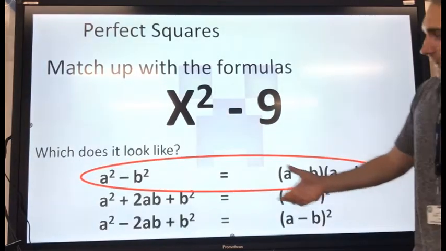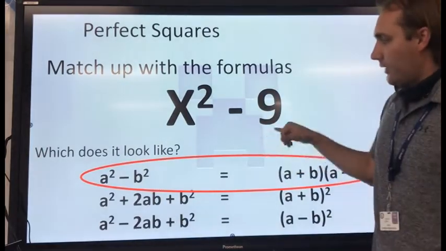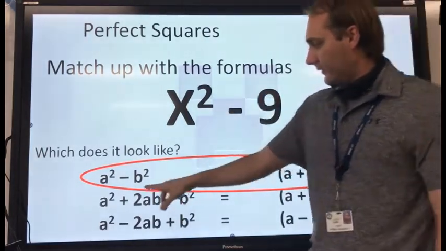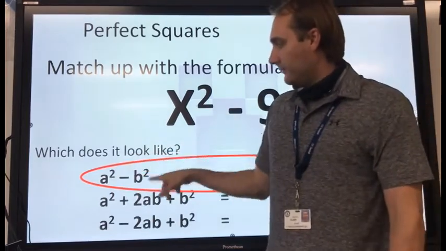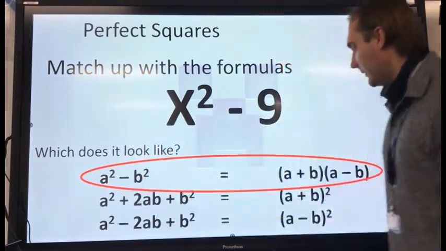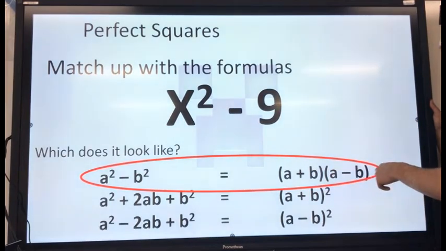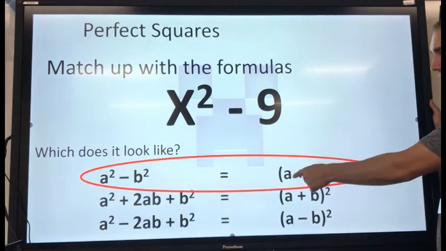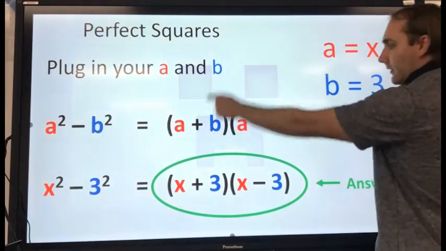I'll need to look at my formulas to see where this fits. Well, I don't have a middle part, do I? This 2ab, whatever that is. It looks like it resembles this one: A squared minus B squared, where the factored form is A plus B times A minus B. And I just said A is x and B is 3. So let me just plug that in, like so.